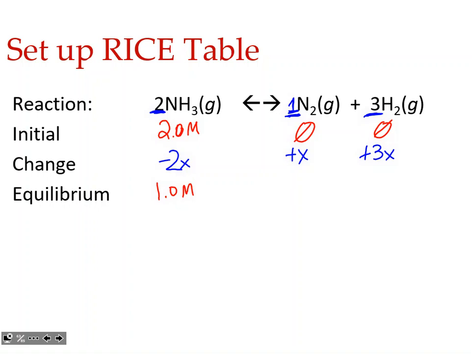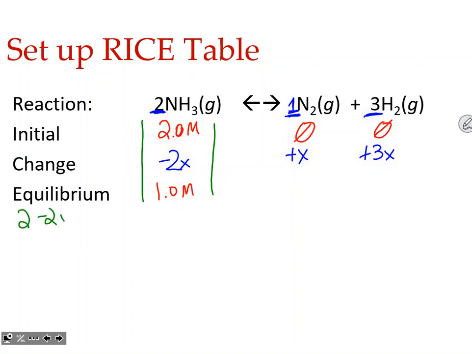Now, can we figure out our x value? What do we use to figure out the change? Anyone? We use ammonia. We use our reactants here. Very good. This one, because it starts at 2, we subtract 2x, we end up with 1.